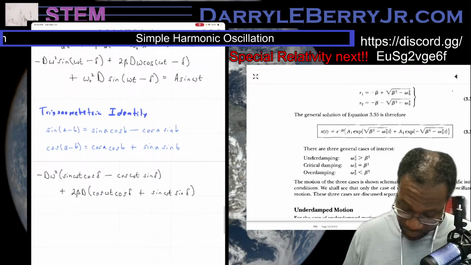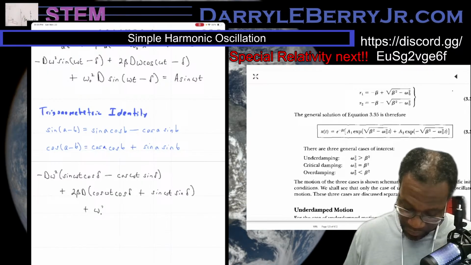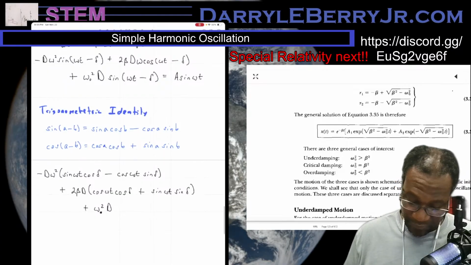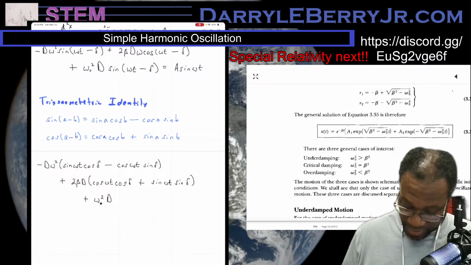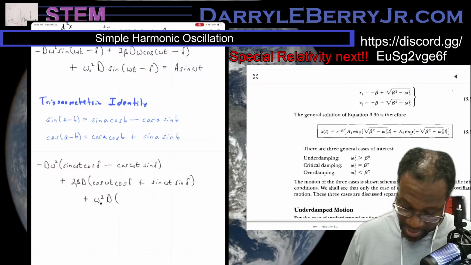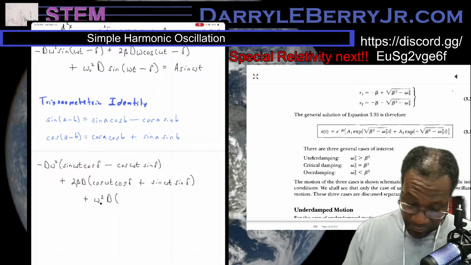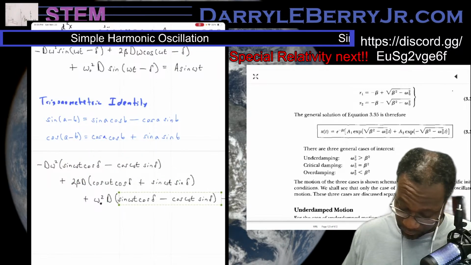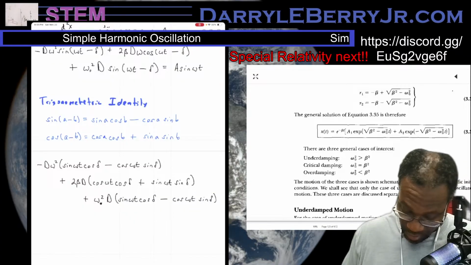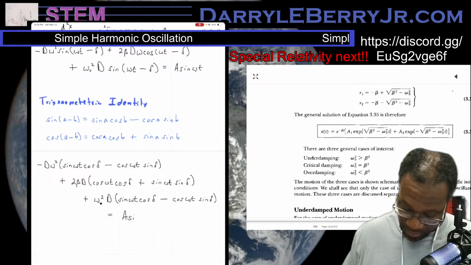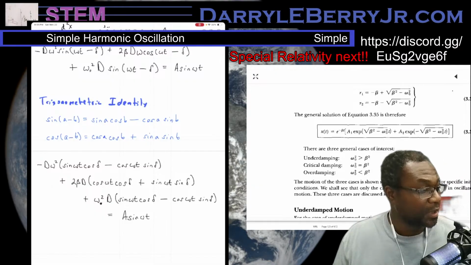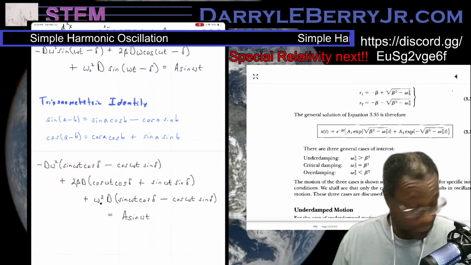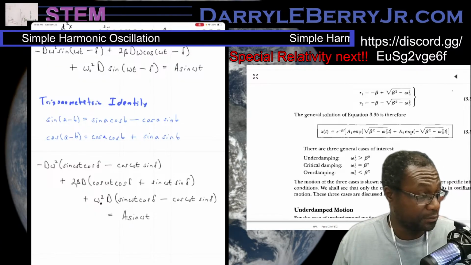And for the last term, plus omega naught squared D. It's important to keep up with the naughts so we know which one is the natural frequency for the spring mass and the other is the frequency for the actual oscillator. Here we have the sine one again, so I'll copy that down, and this is all going to equal A sine omega t. Looking at my notes, that looks pretty right. I think we're in business.